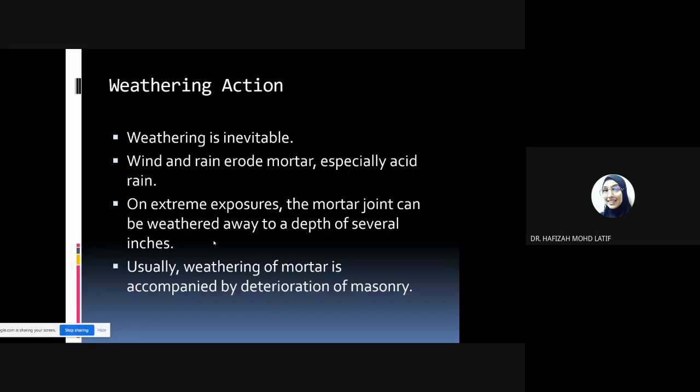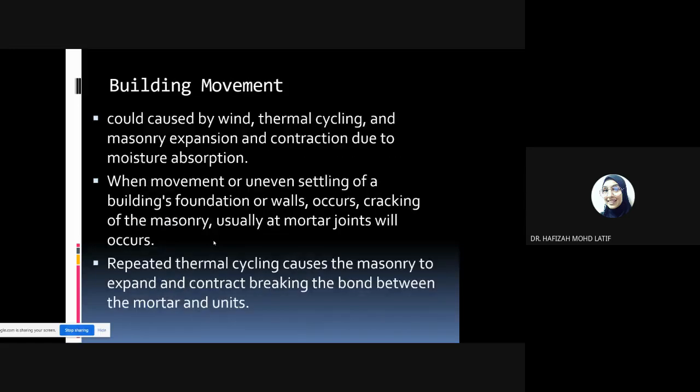Weathering action is inevitable. Wind and rains erode mortars, especially acid rains. I've explained just now. On extreme exposures, the mortar joints can be weathered away to a depth of several inches. Water can get inside and then it gets bigger. Usually, weathering of mortar is accompanied by deterioration of masonry. Building movement is another type.